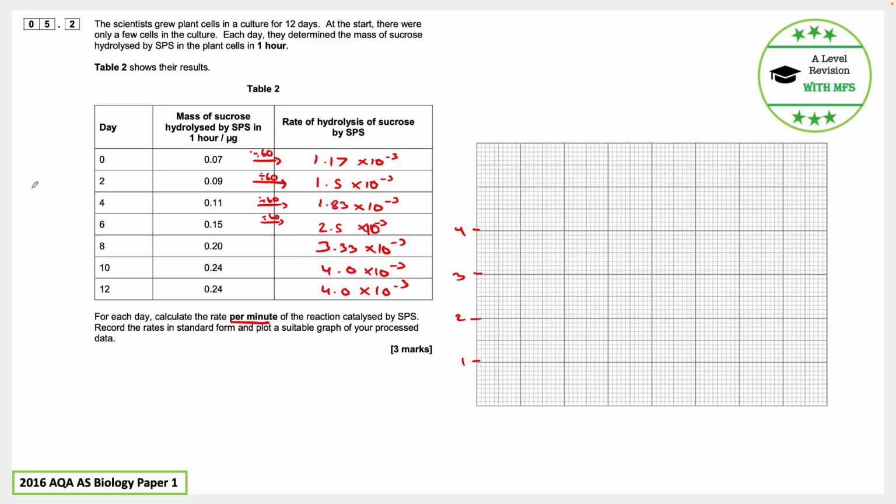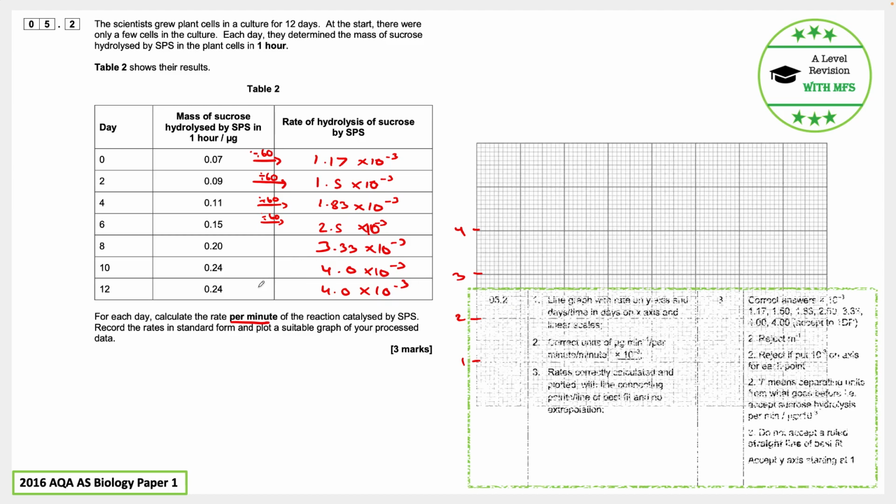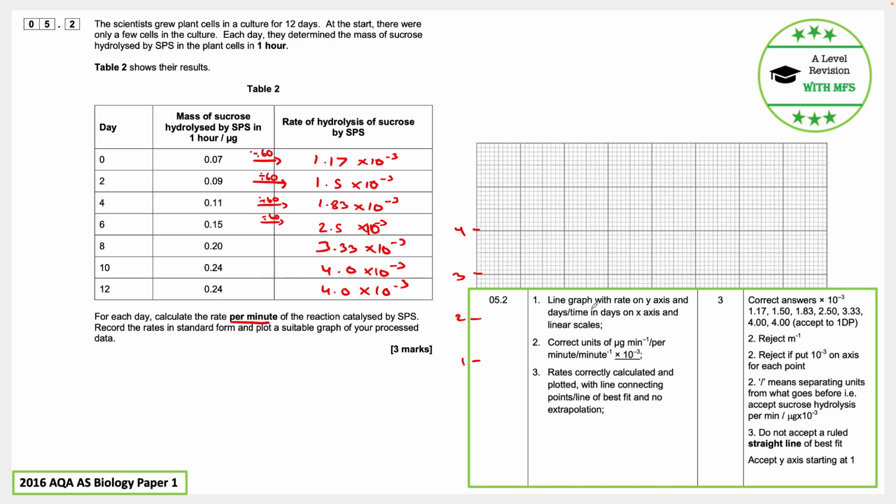Okay, the day is going to go on the x-axis, and the rate of hydrolysis of sucrose is going to go on the y-axis. Remember your units and remember to label. If I show you the mark scheme for this, it says a line graph with the rate on the y-axis and day or time on the x-axis in linear scales. These are our answers, which we got over here.